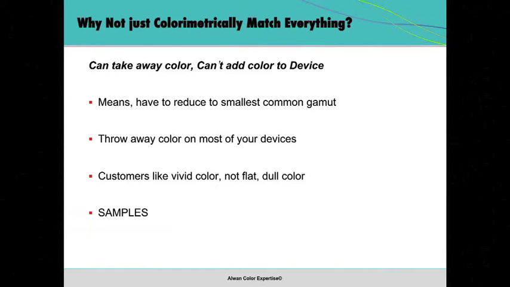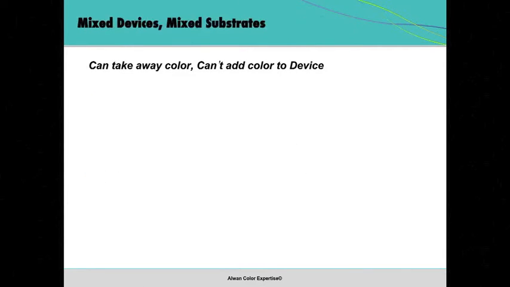And we can't make devices produce more color than they're capable of producing, which means if we start mixing and matching devices with different ranges of color, we have to essentially dumb everything down to the lowest common denominator or the smallest common gamut to make them all match one another, because we can't add color to a device that can't make it in the first place.